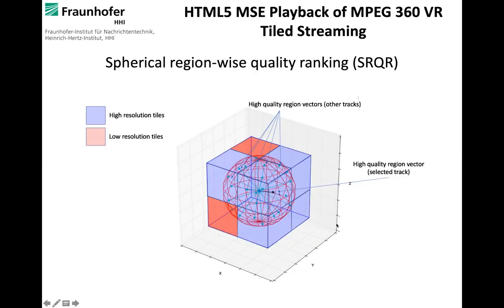There's also additional metadata allowing us to select the right adaptation set on the DASH level while we are running the streaming session. Let me explain it in a little more detail while I show the implementation itself, and then we can see how it works.